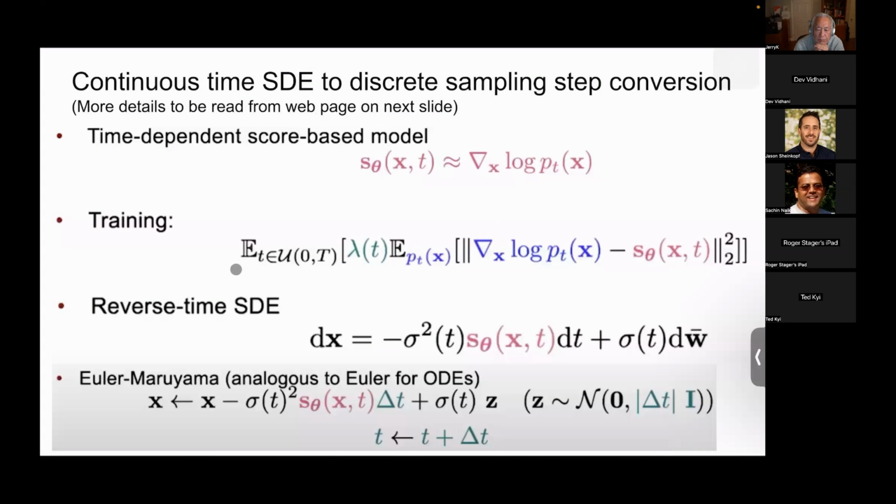Then you are training to optimize this for this objective, where you get a good estimate for your score dependent on time step, and then you plug that into the reverse SDE to get the estimate of your delta X, and then you leverage one of those SDE solvers.